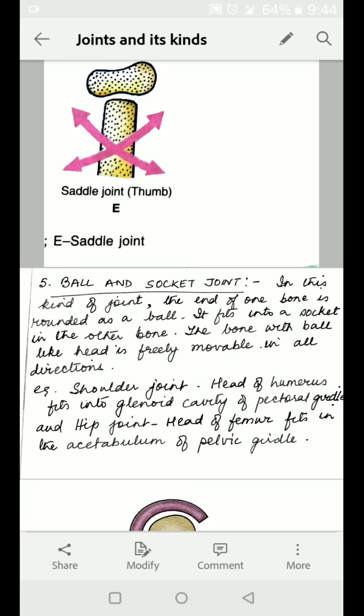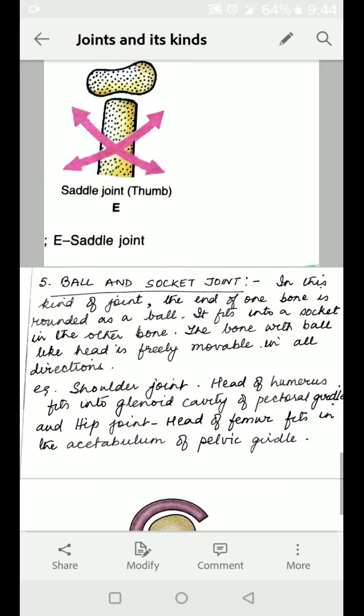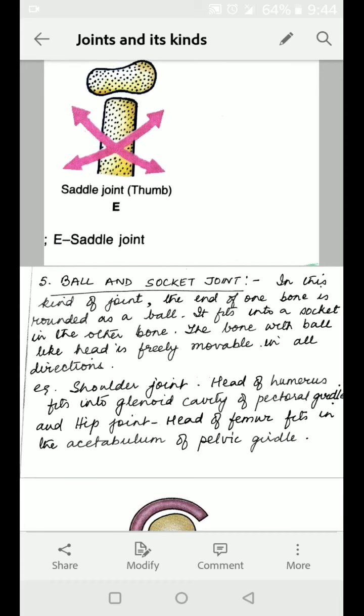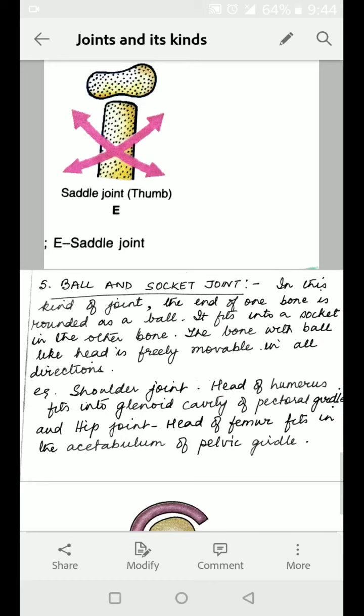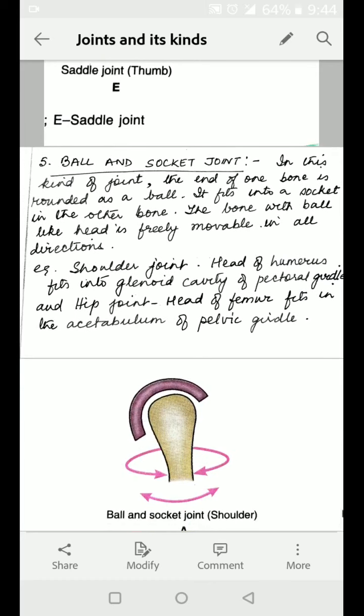Another example is the hip joint, where the head of the femur bone fits in the cavity called the acetabulum of the pelvic girdle, or hip girdle, and this is how a ball and socket joint is formed. This figure shows how the head of the bone fits in the cavity and helps in movement of the joint.